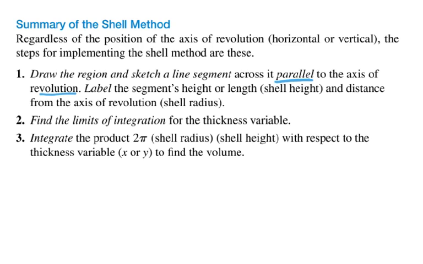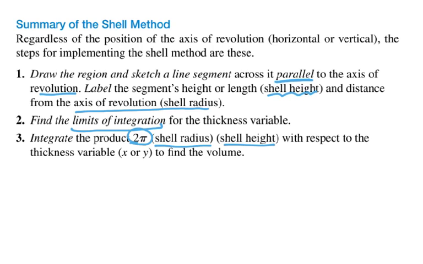That will give us the shell height, and then the distance from the axis of revolution will give us the radius. Depending on the variable, we determine our limits of integration, and then we integrate. It's always going to be 2 pi radius times height.